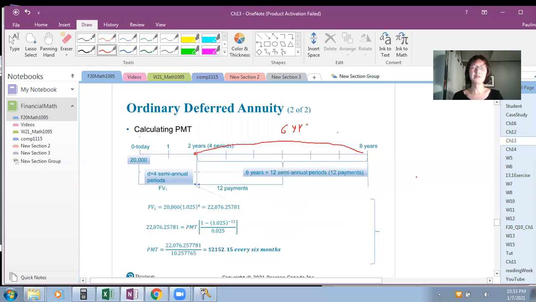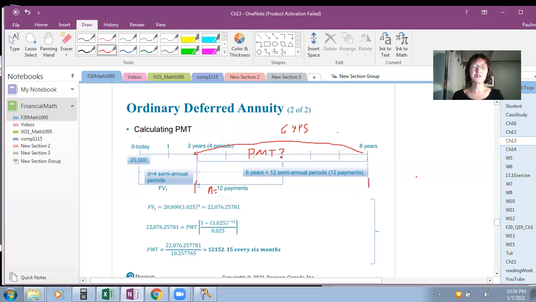The payment is paid every half year, so you make 12 payments, N equals 12 for the annuity. From here to here, term N equals 12. And the question asks you, what is the PMT here?